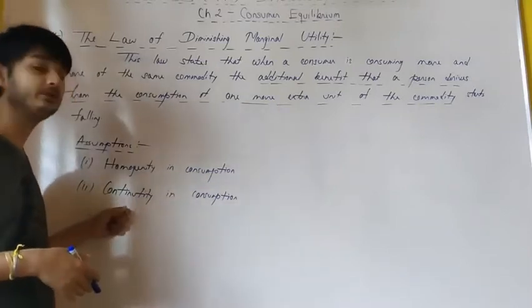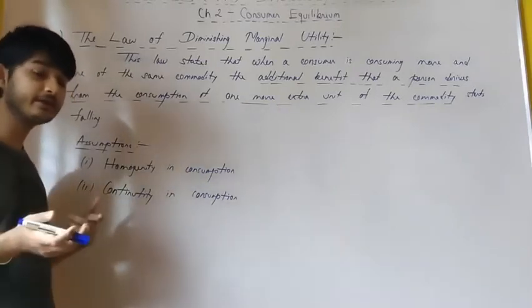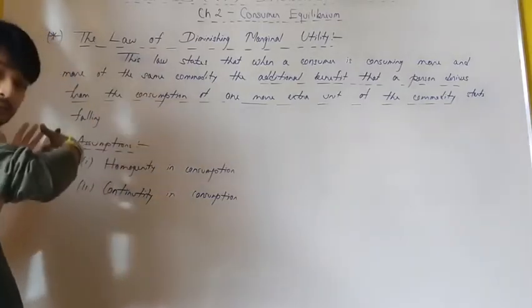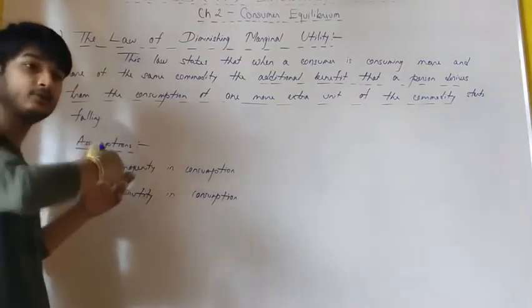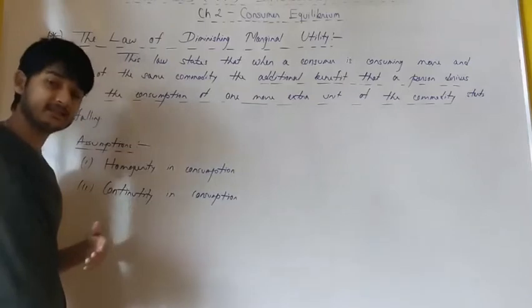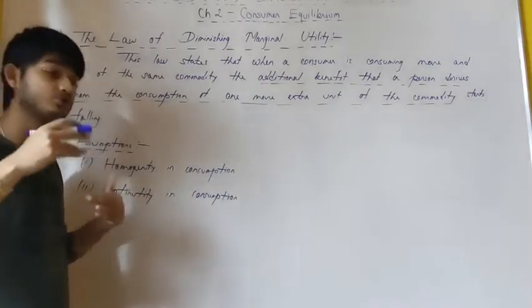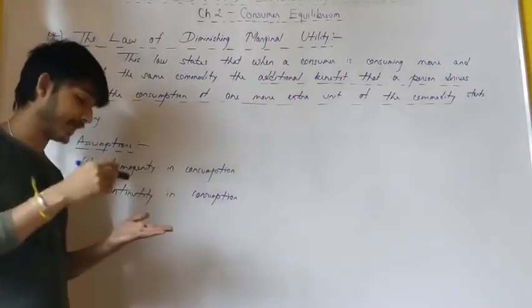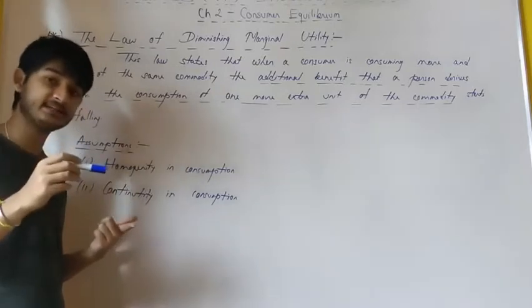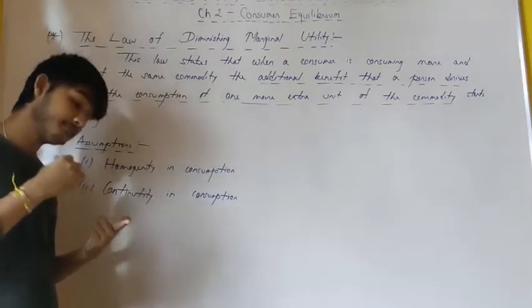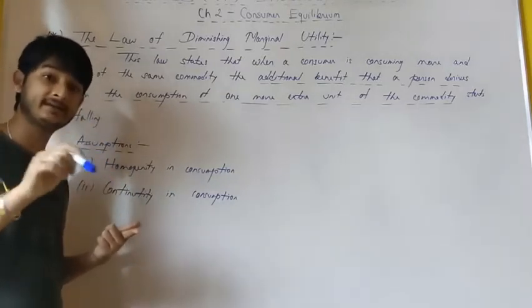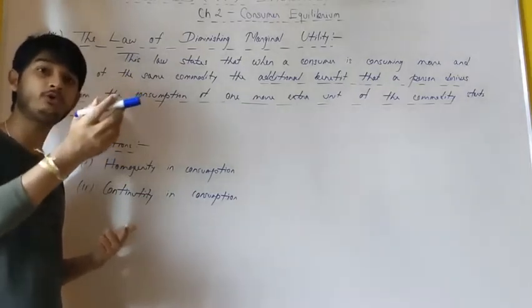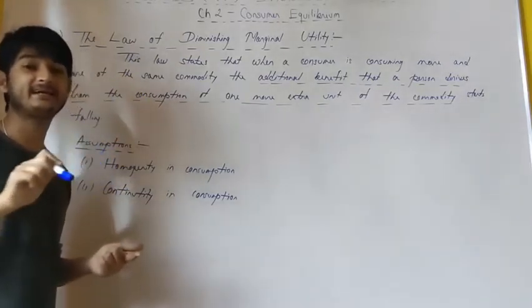This continuity is not something like today we are taking one bite, and yesterday we have taken another bite, and tomorrow we will take another bite. No, the consumption should be continuous. If we are taking the biscuit, we will eat the biscuit right now. We will take three bites or four bites right at a time.